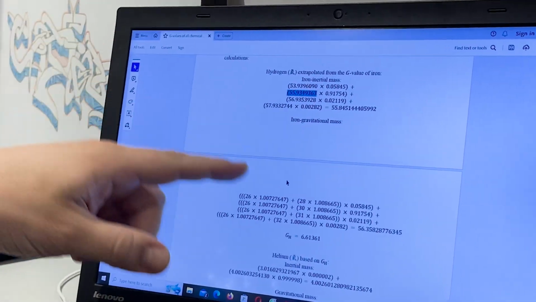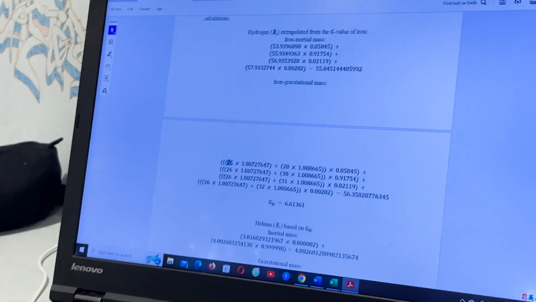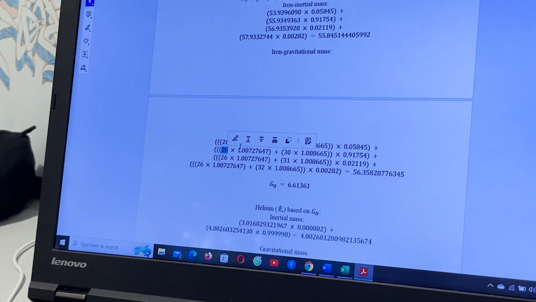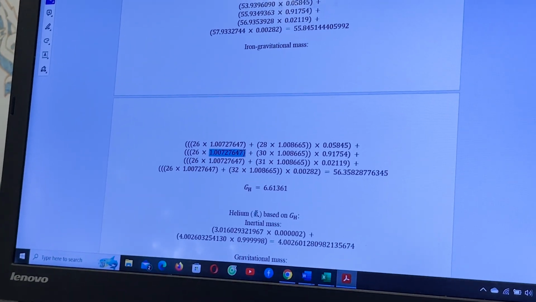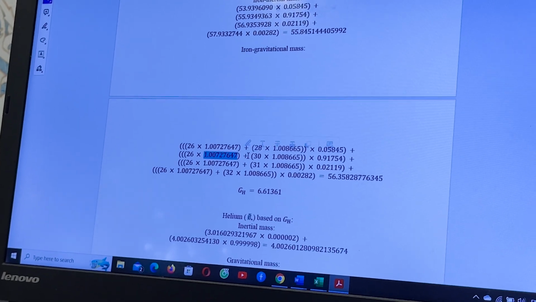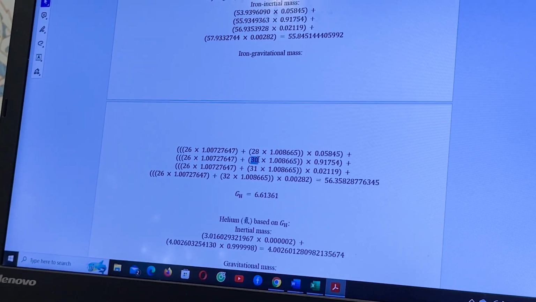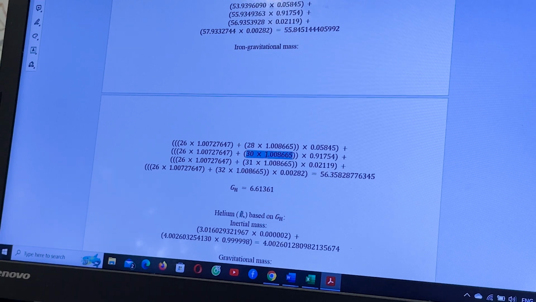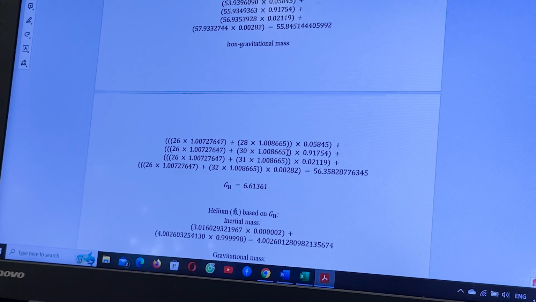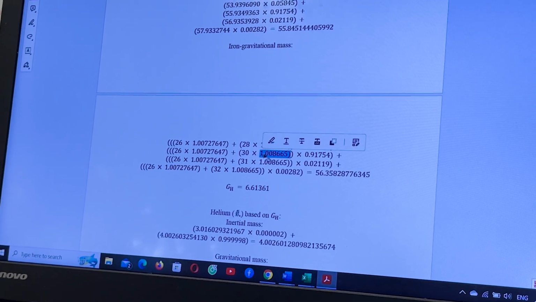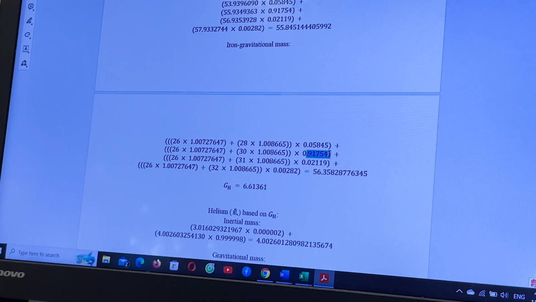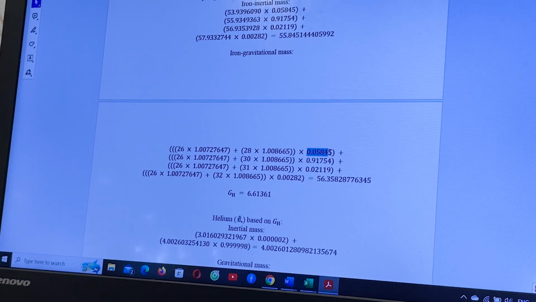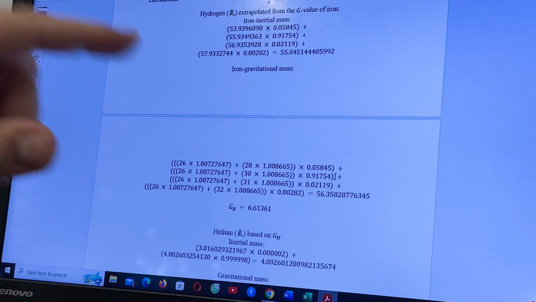And then for the gravitational mass, you simply multiply the number of protons with the atomic mass of the proton, and then you add to that the number of neutrons multiplied with the atomic mass of the neutron. And then you multiply that with the abundance in nature. And you add that all up.